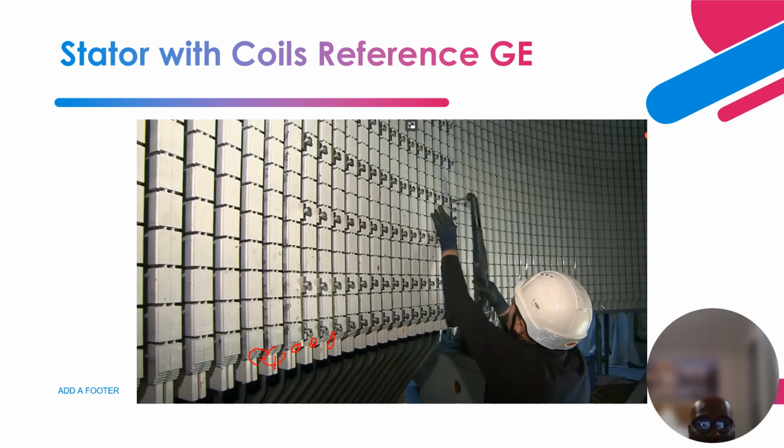So this is the core of the generator. Remember I made mention that they have bolts that go through it horizontally, and also bolts that are insulated that go through it vertically. The goal is to have a mechanically robust clamping for this core, because of the enormous electrodynamic forces that the generator goes through during operation, and during fault conditions. I mean, think about it, it's I squared, the fault current.